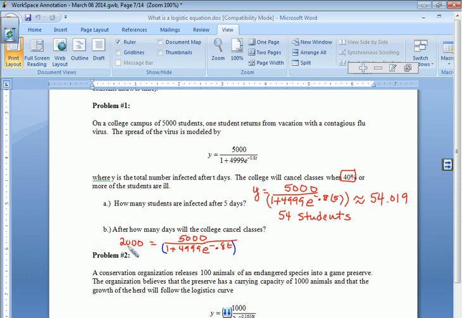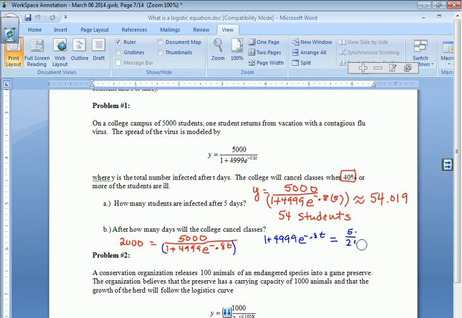Instead of distributing the 2,000, when I multiply this over here, and I get this 1 plus 4,999 e to the negative 0.8t times the 2,000, I'm going to go ahead and divide by the 2,000. Because when I divide by the 2,000, it's just a lot nicer. I get 5,000 divided by 2,000. Isn't that just 5 halves?